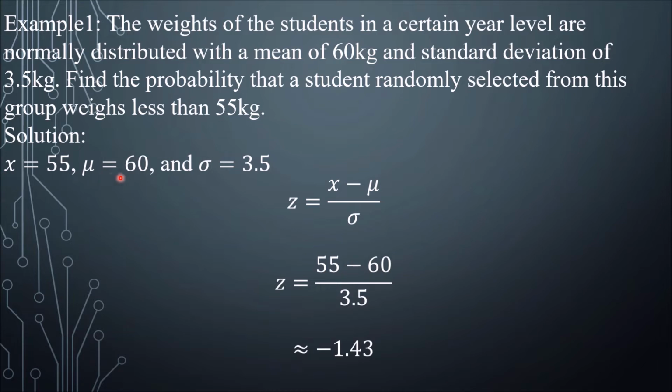Mu, the population mean, is equal to 60, and the standard deviation is 3.5. Following this formula, converting x to z-score, we have 55 minus 60 over 3.5, which is approximately negative 1.43. So if the normal score x is 55, the z-score is negative 1.43 in this problem.